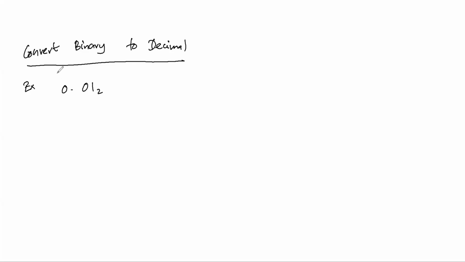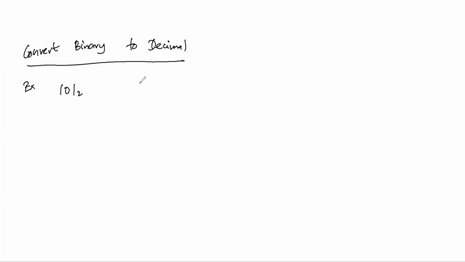The decimal point I will talk about later on. Let me take an easy one first. Let's get something like this, 101 base 2. So what is the equivalent value in decimal?